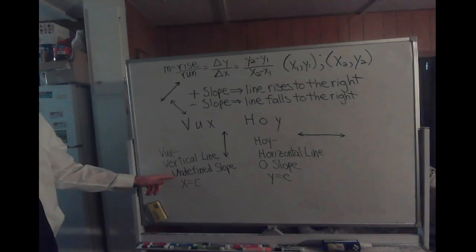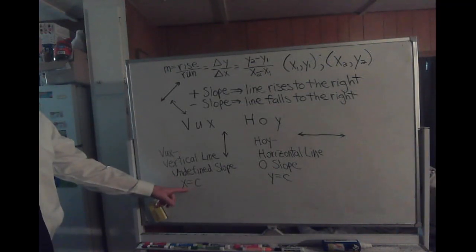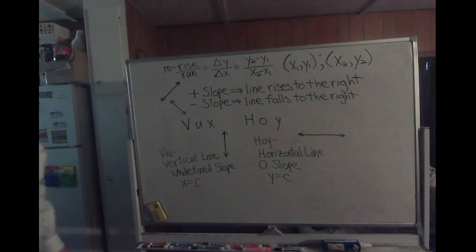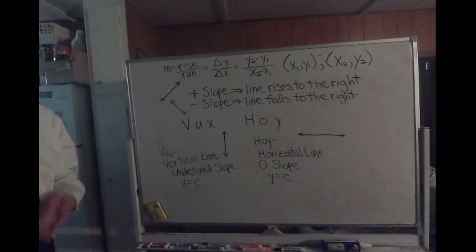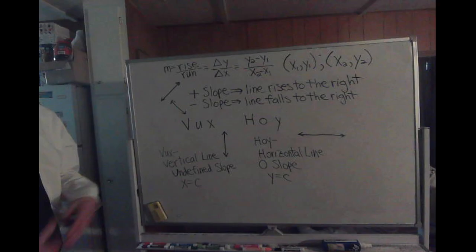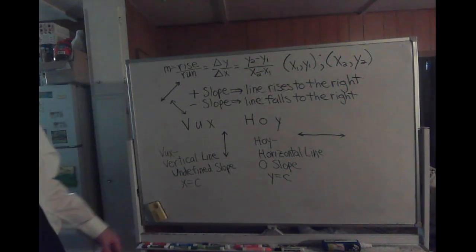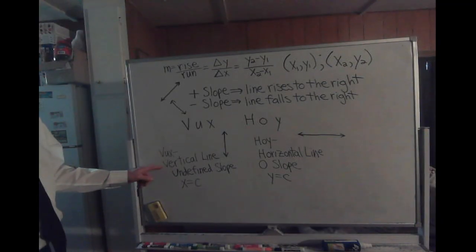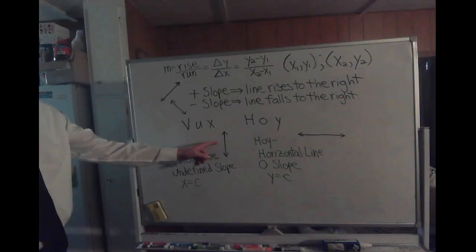We can't define the value of the slope. And the equation is x equal to some constant. I just call it c. C denotes some arbitrary constant, whether it's 1, -1, 2, -2, 100, -100, you name it. It's just x equal to some number. So VUX: vertical line, undefined slope, x equals c. And here's the vertical line.